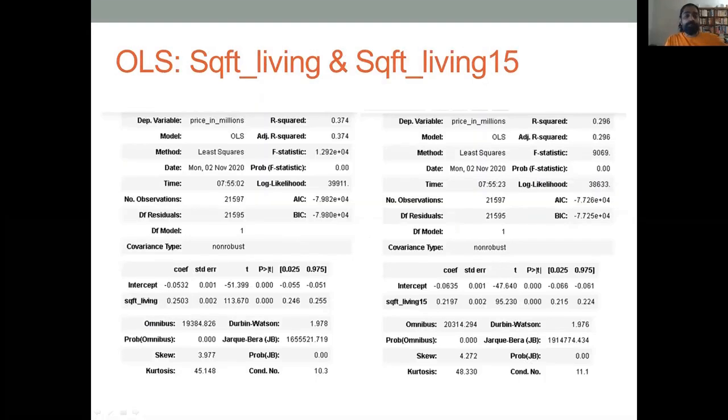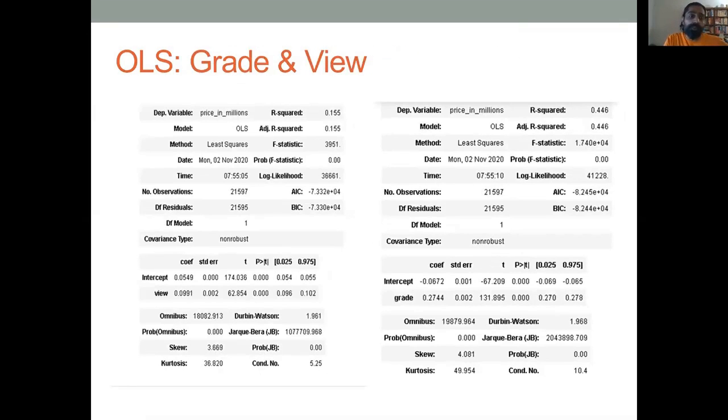There are four variables which I found had the highest R square. Two of them were square feet living and square feet living for the neighbors, with R square values of more than 0.37 and 0.296. The other two were grade and view.